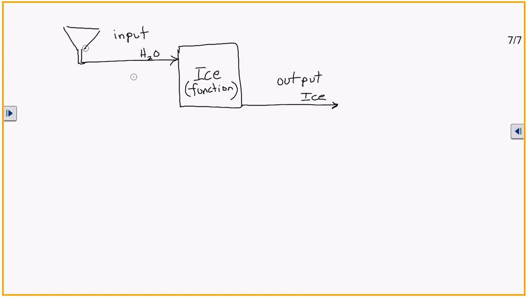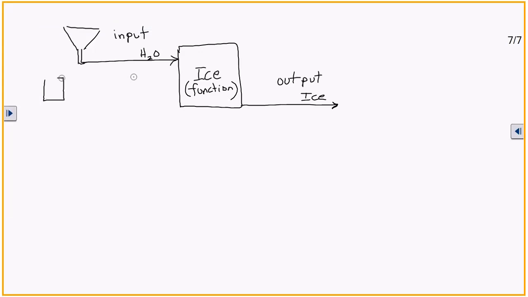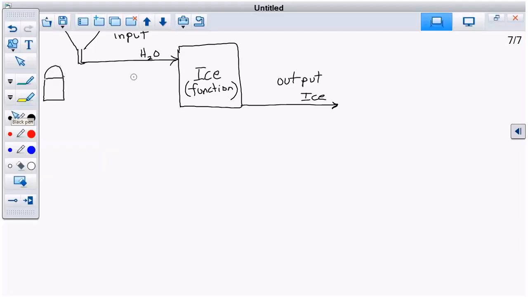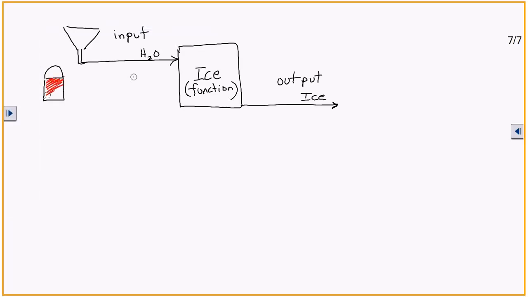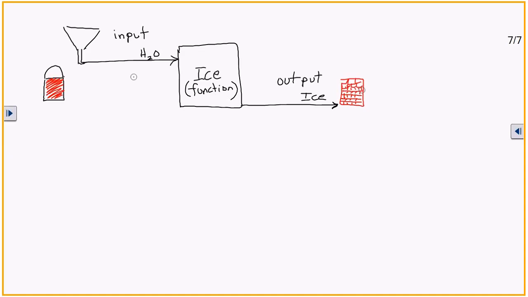And I pour in a 5-gallon bucket of cherry Kool-Aid. If I pour into that funnel a 5-gallon bucket of cherry Kool-Aid, I'm going to get 5 gallons of cherry what? Ice cubes. I'm going to get 5 gallons of cherry ice cubes.